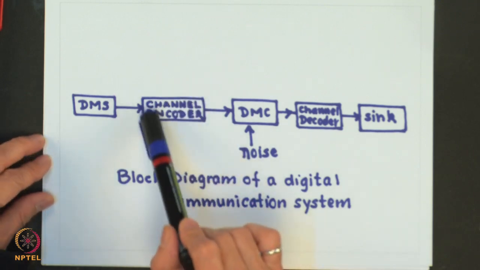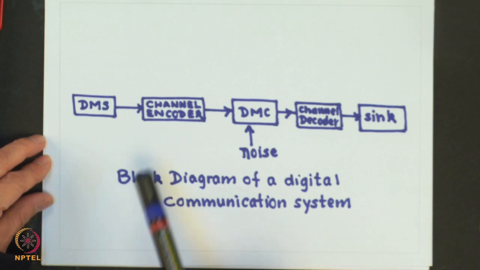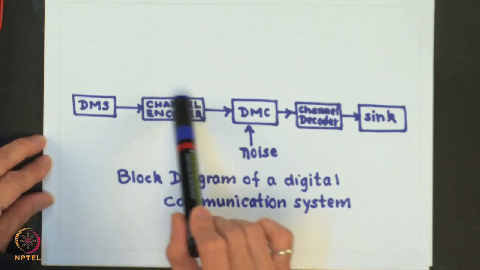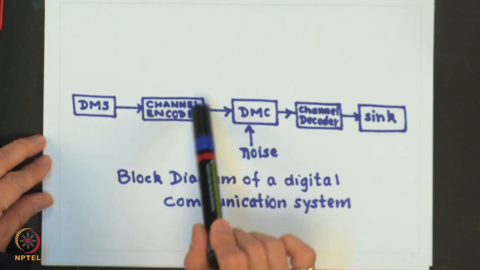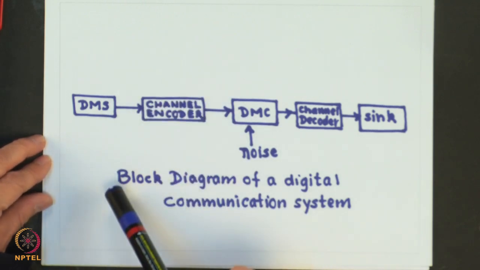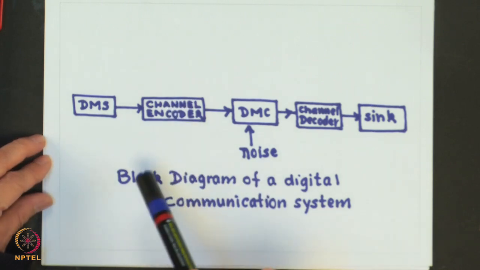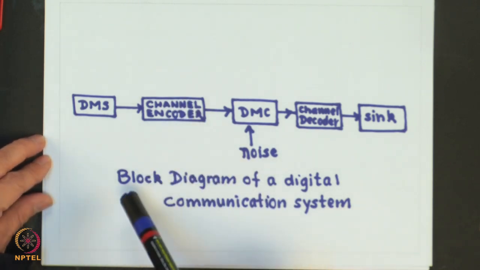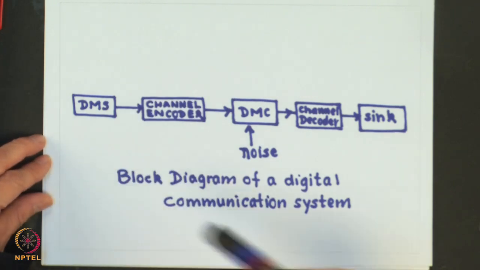So, you could consider that channel encoding is a dual of source encoding. In source encoding, we remove the redundancy to improve the efficiency of the encoder, whereas in channel encoding we introduce redundancy to improve the reliability of communication.